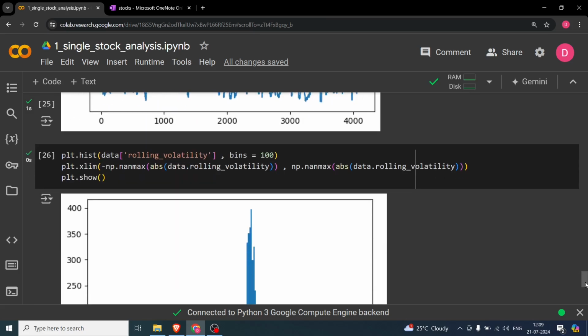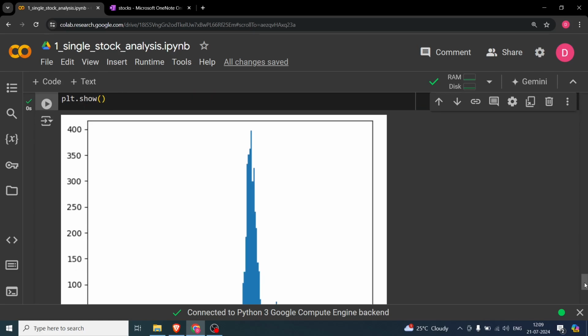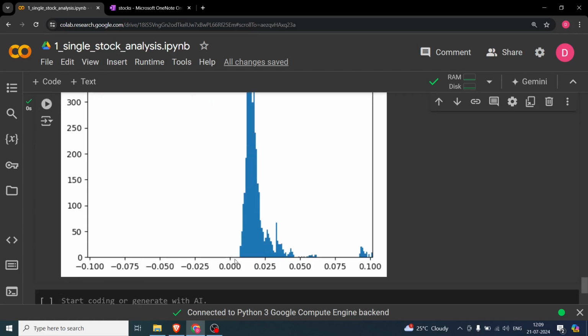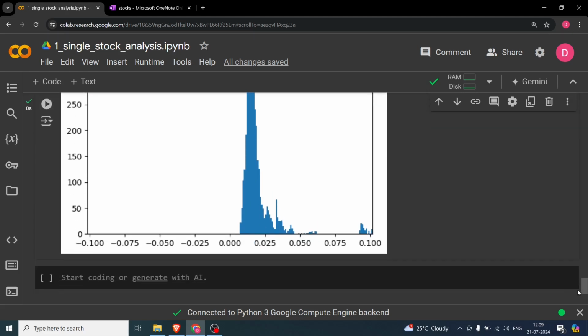So you can also plot the histogram over here. Now volatility, since it is a standard deviation, has to be positive. You can see volatility is close to zero but not very high, but here you can see this is almost 10% volatility. This is very, very high. So bins is equal to 100.